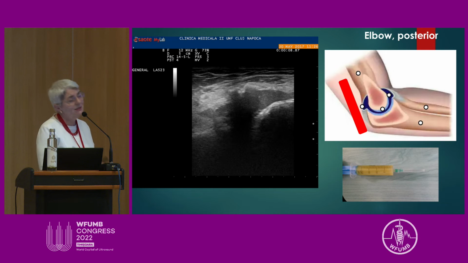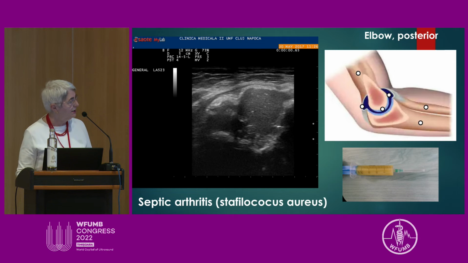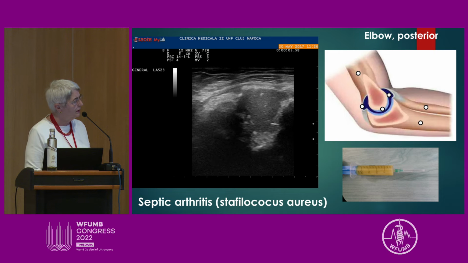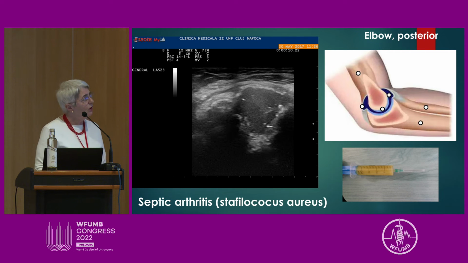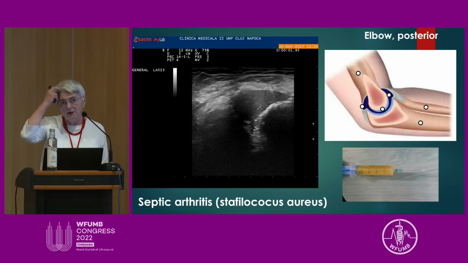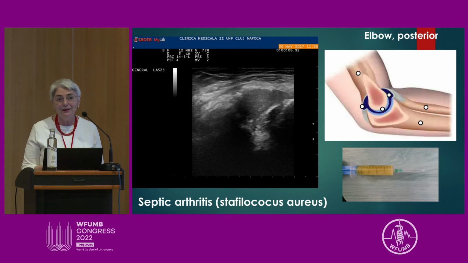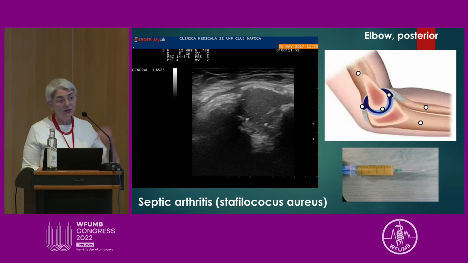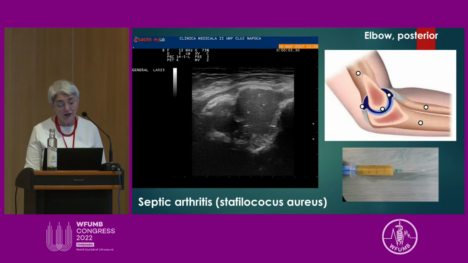Now, when I see this kind of fluid, I think of septic arthritis, and this was a septic elbow, and the bacteria was Staphylococcus aureus. So to conclude, the presence of these hyperechoic spots is very important, but doesn't bring us many elements for diagnosis. Look at the patient, look at the clinical history, and don't forget to look at the synovial fluid.